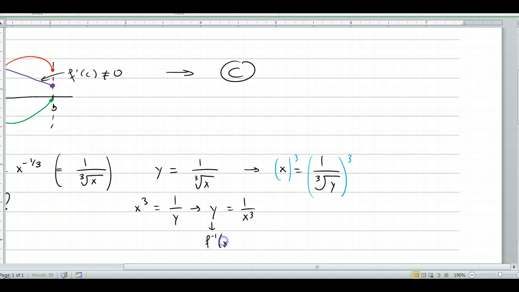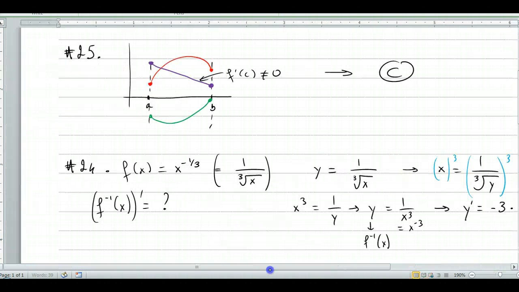I don't care about writing it, don't forget this is multiple choice. Let me just get y prime right away. So this is x to the negative 3, so y prime is negative 3 x to the negative 4, and that is E right away. You see, it's pretty straightforward.